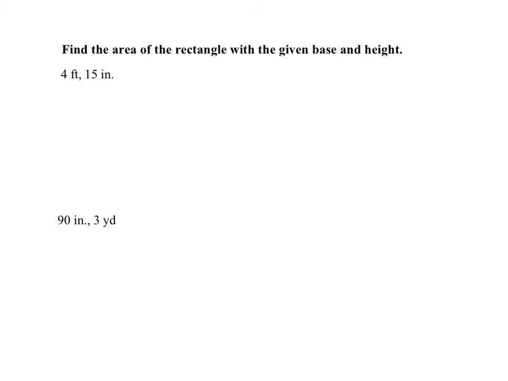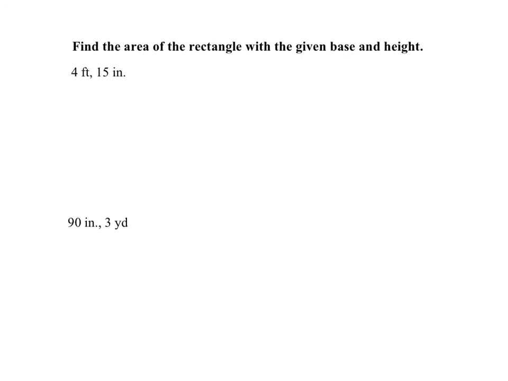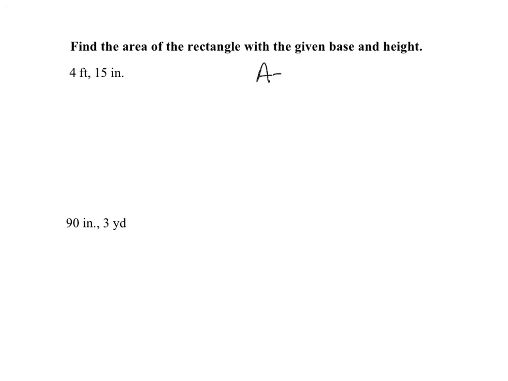Next one, find the area of the rectangle with the given base and height. The area of the rectangle is base times height, or length times width. In this case, as you can see, we have different units. So my first step is that I need to change the 4 feet to inches. As you know, in 1 foot there are 12 inches.